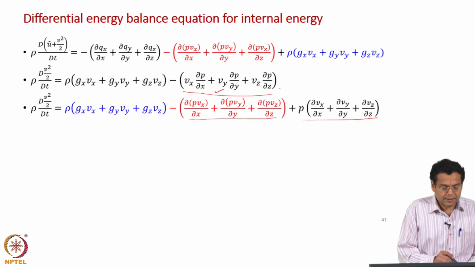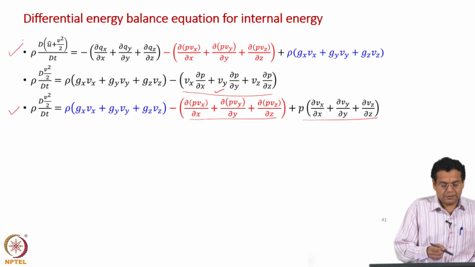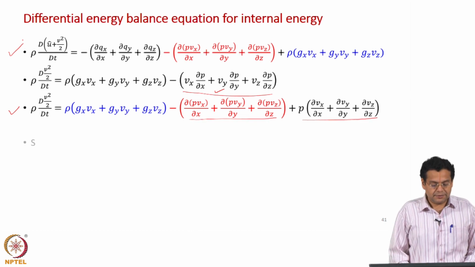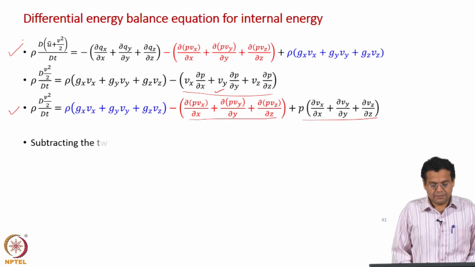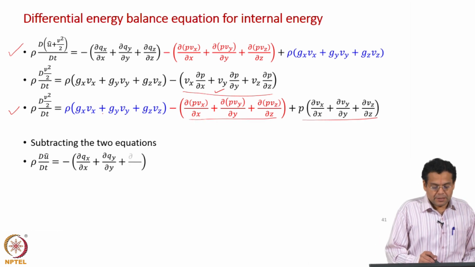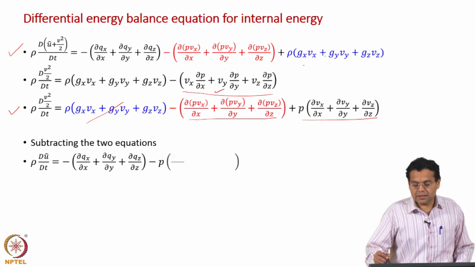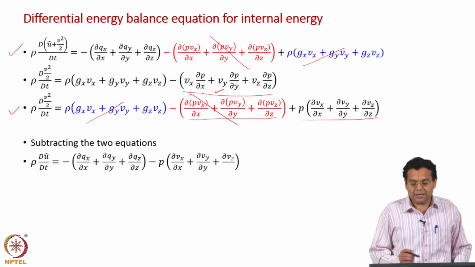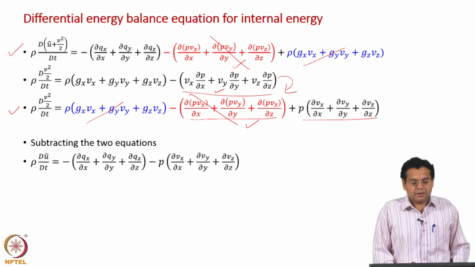Okay. So, let us subtract this equation from this equation, the equation for kinetic energy from the equation for internal and kinetic energy. And so, the left hand side will be left with the substantial derivative of internal energy, of course multiplied by rho. So, now what happens, this term and this term cancel and this term and this term also cancel, that is why we expressed this as the sum of these 2 terms, so that this term will cancel the same term in the first equation.